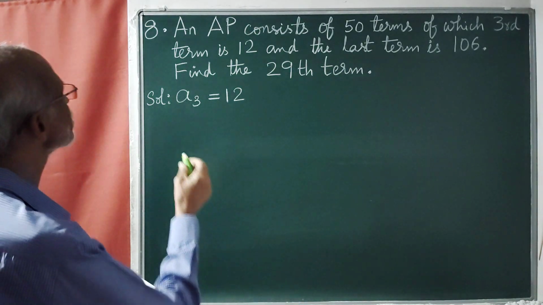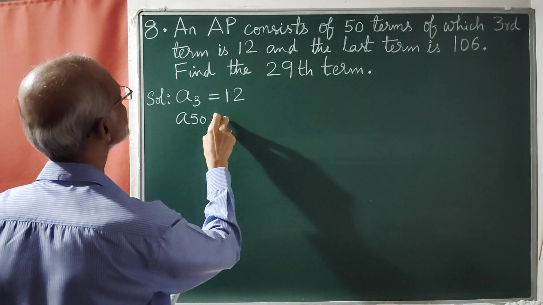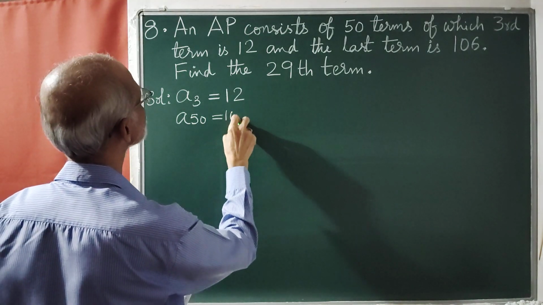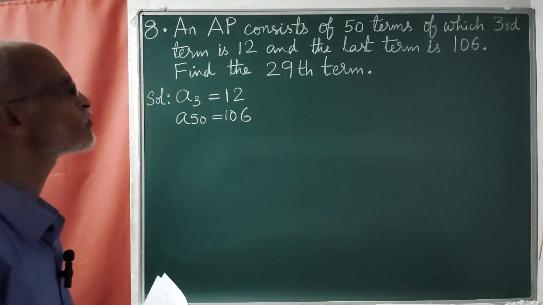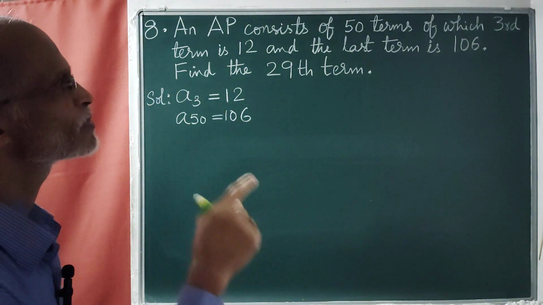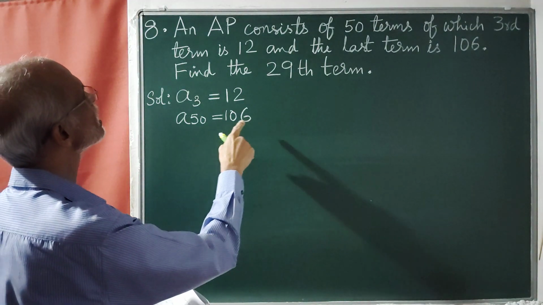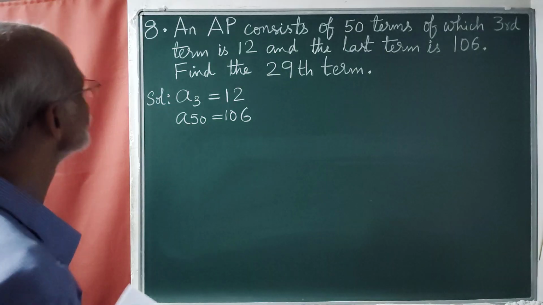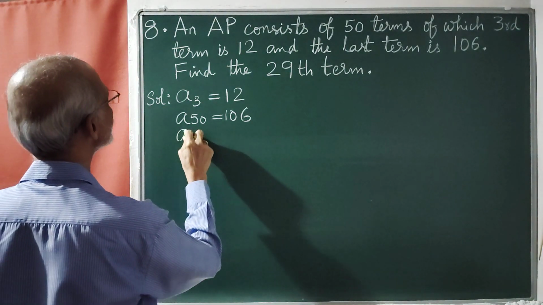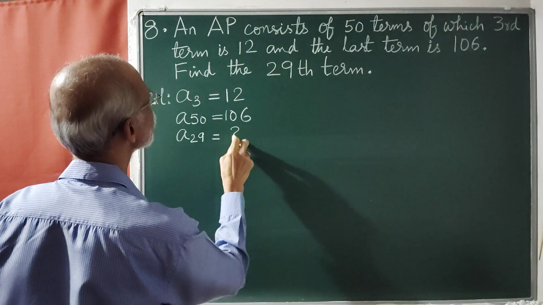So it means A50 is 106. Therefore, A50 is 106. Now we have to find the 29th term. So A29 we have to find out.